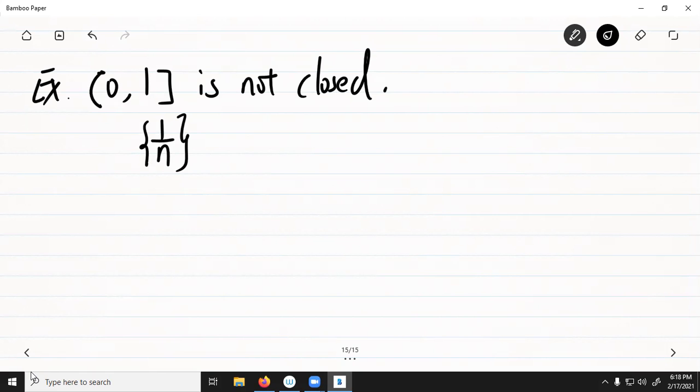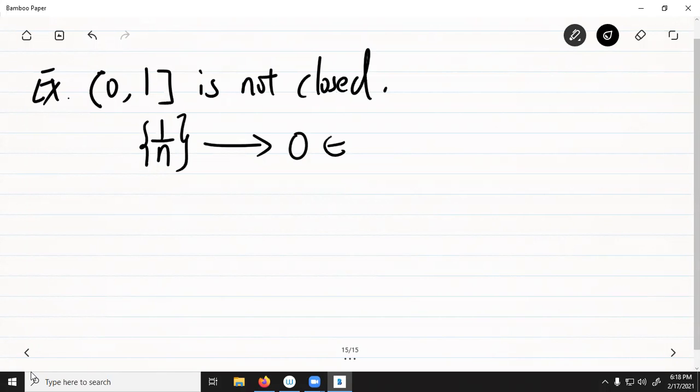What about this sequence, 1 over n? This one is inside, right? n equals 1, 2, 3, 4, 5. 1 over 1 equals 1, which is inside. 1 over 2 inside. 1 over 3 inside. 1 over 4 inside, right? What's the limit for this one? When n is large enough, it will be close to which number? It will be 0, right?